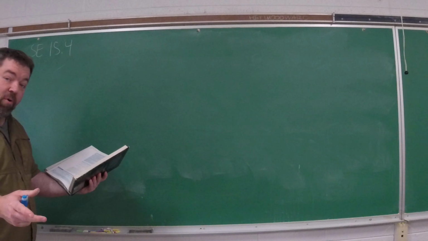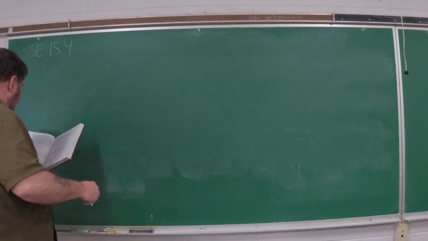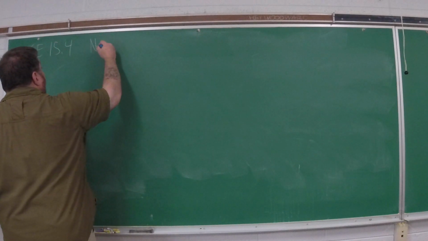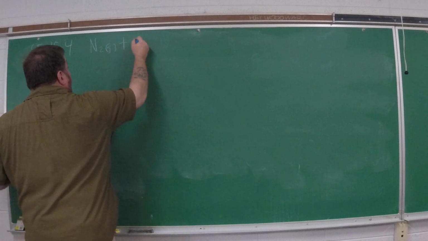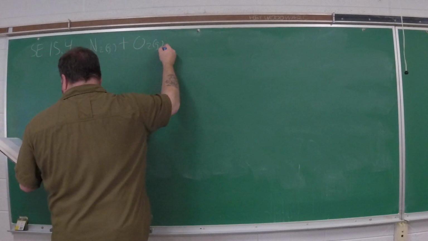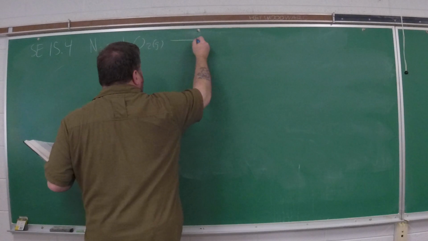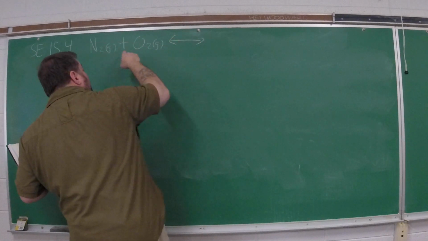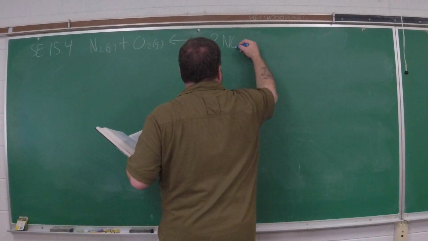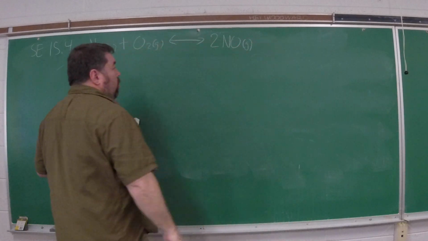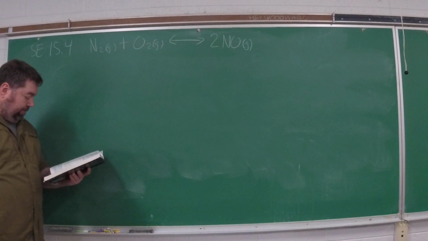Basically, this is a very straightforward problem. They give us this reaction. So N2 plus O2 goes reversibly to 2 nitrogen monoxide, right?